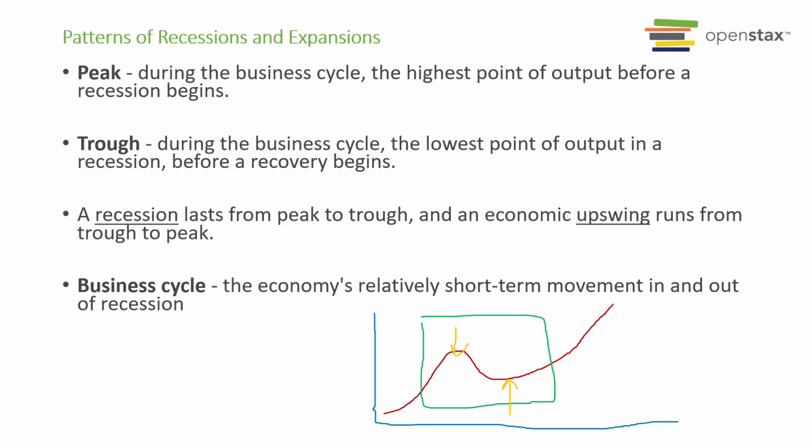So this period of time between the peak and the trough is the recession. Somebody might say, well, you're at the trough and you call the recession off. People are going to scratch their heads going, well, the economy's still down. Why are you saying we're not in a recession anymore? But that's just the way the definition by the National Bureau of Economic Research has it.